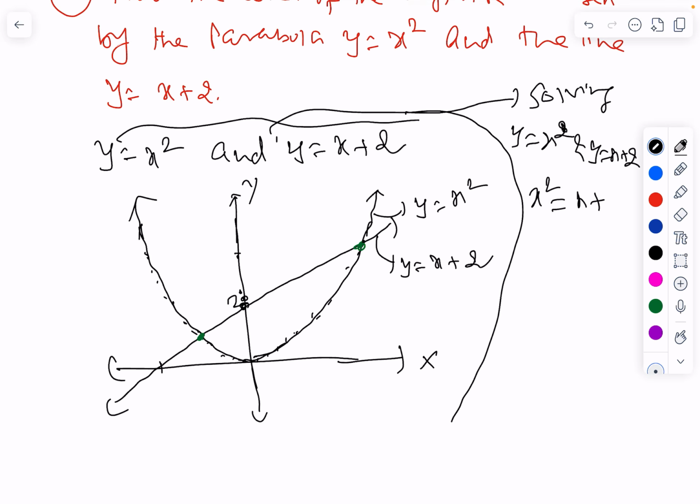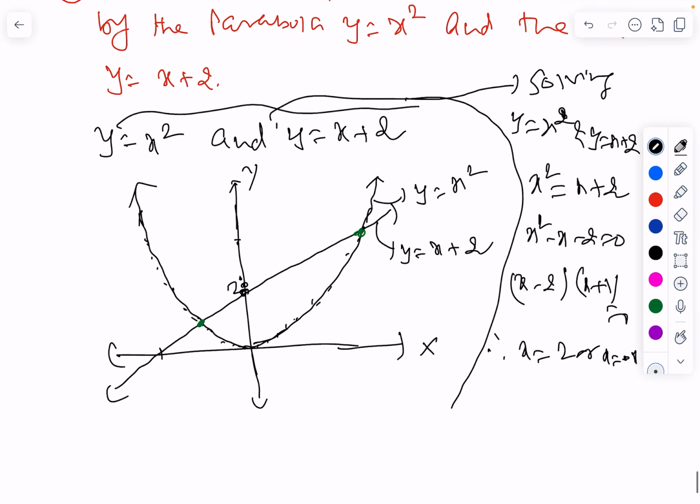So x square equal to x plus 2. x square minus x minus 2 equal to 0. So (x minus 2)(x plus 1) equal to 0. And therefore x equal to 2 or x equal to minus 1.